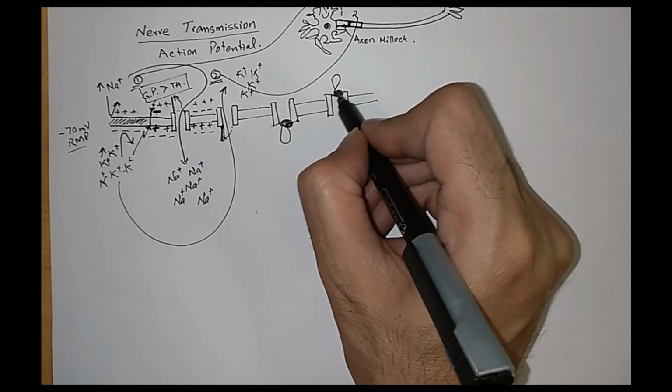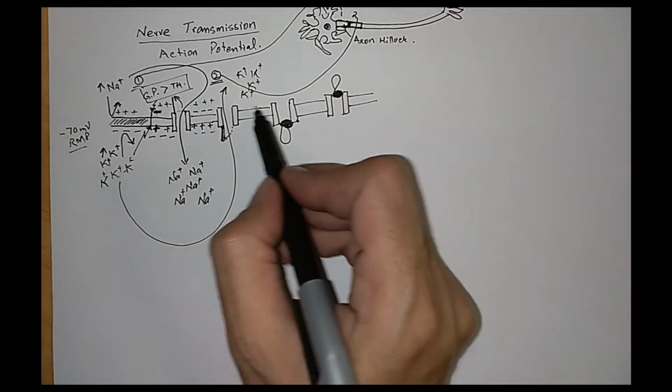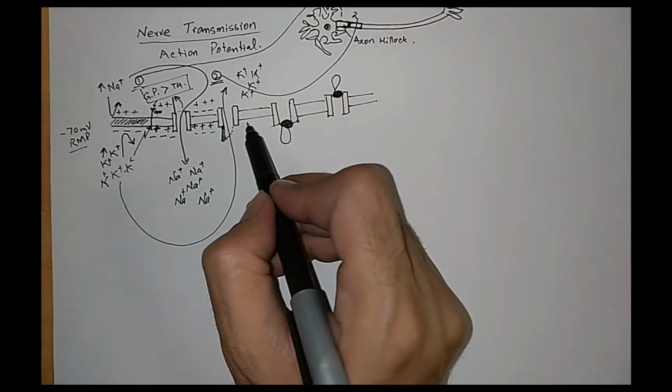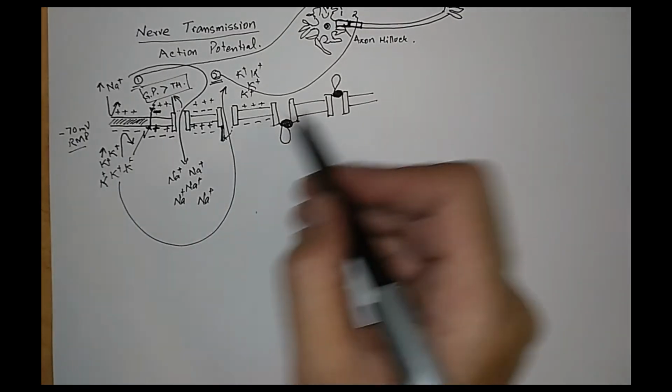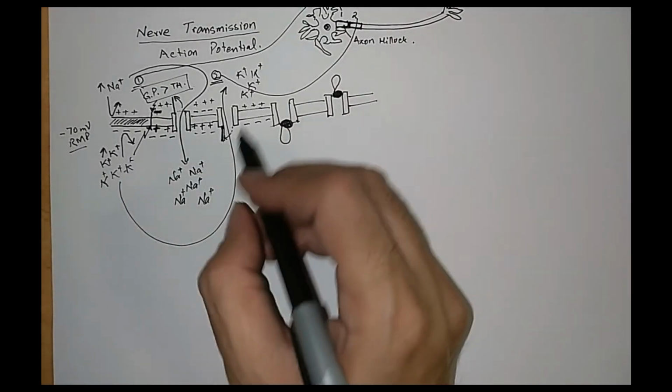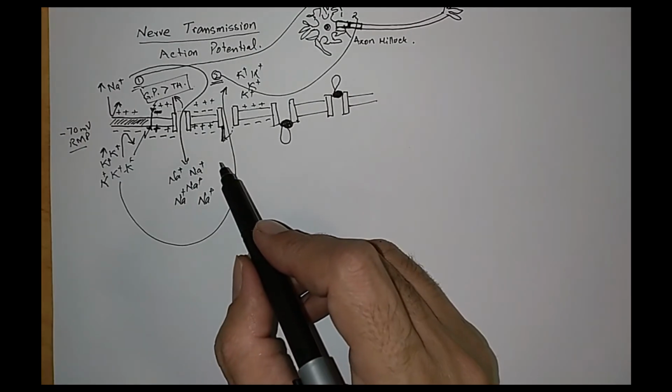It's like a chain of a protein with a ball attached to it, and that blocks these channels when the polarity is restored due to the movement of the potassium ions and sodium ions with the help of the sodium potassium pump.